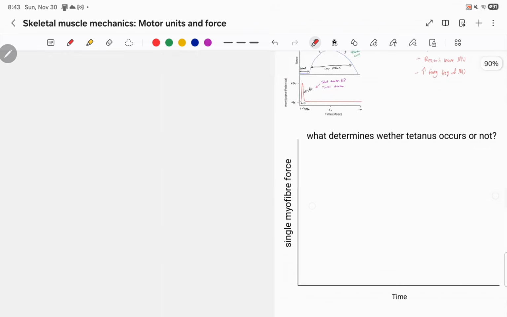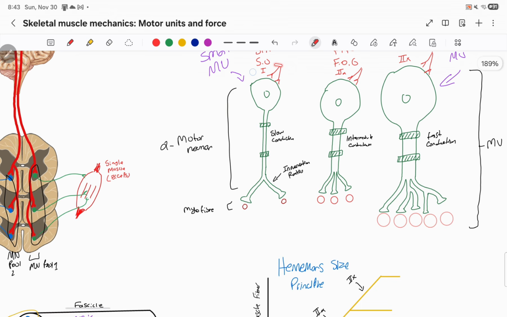If we go back to this diagram, here's my motor neuron and here are the fibers it innervates. If I want to increase force production from this one, the only thing I can do is send more action potentials down to overload the circuit pump on these muscle fibers. That's going to affect each of these muscle fibers' individual ability to generate force.